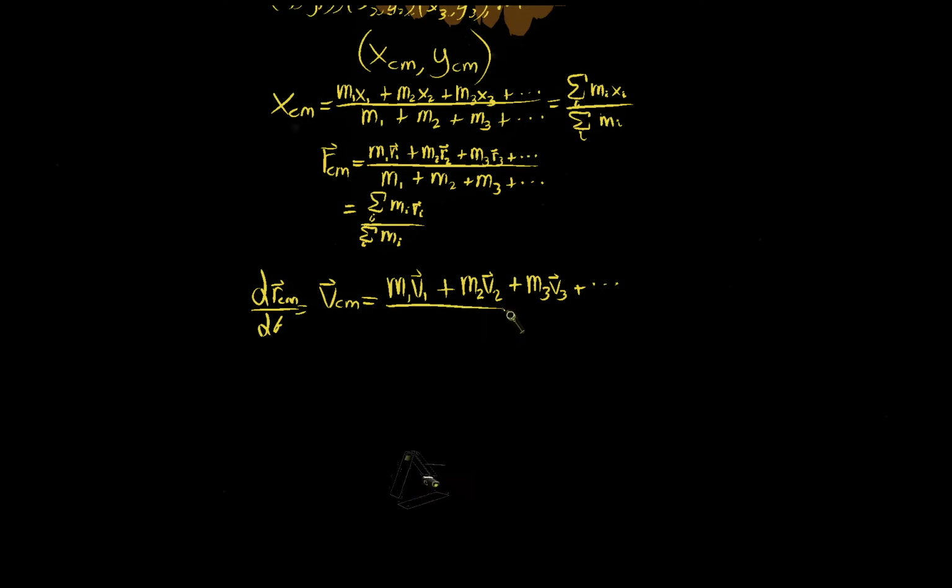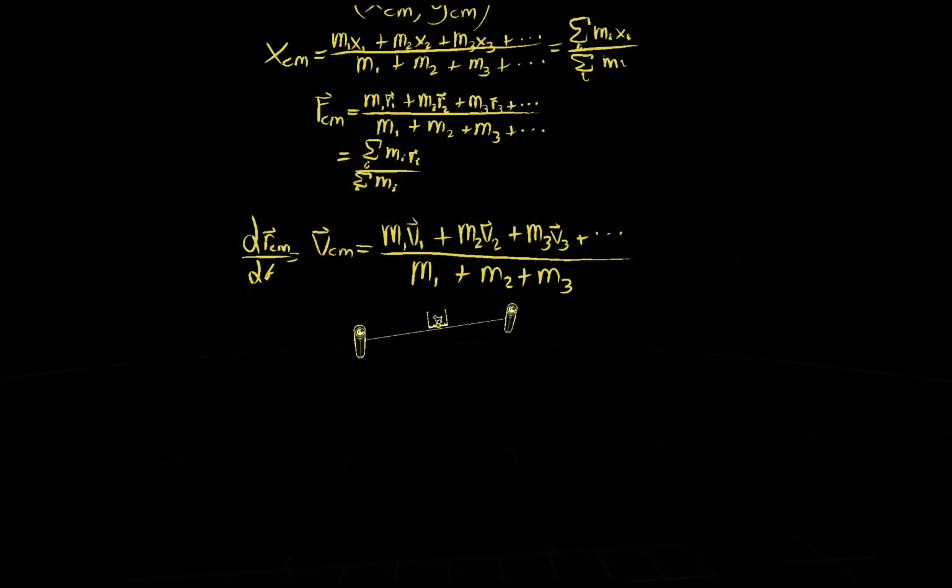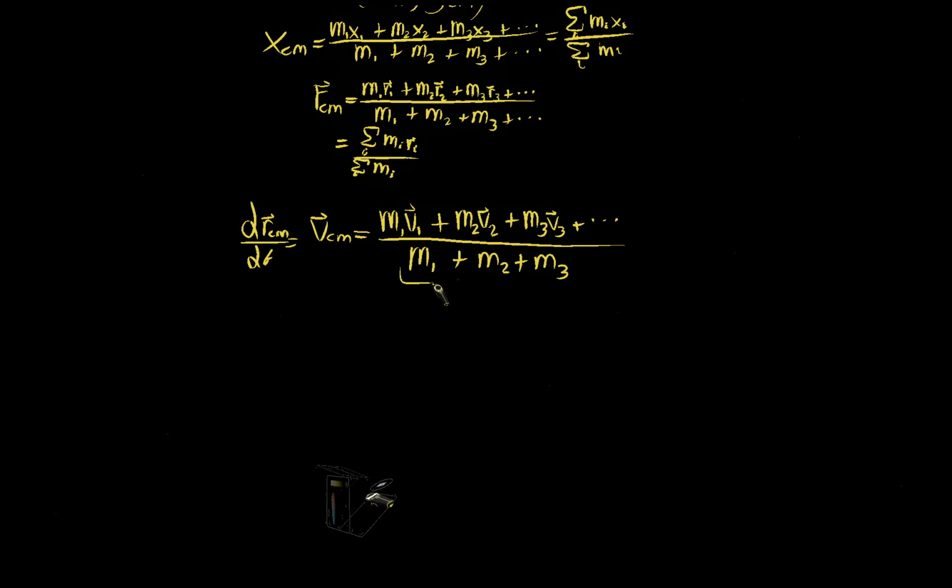And that's still over the total mass, m1 plus m2 plus m3, right? And then let's call the total mass, all of it, capital M, right? So we'll say it's all over capital M.